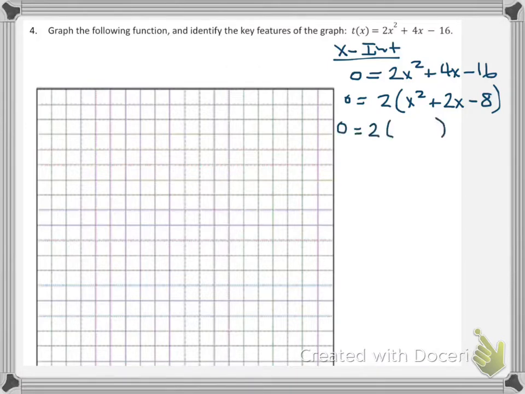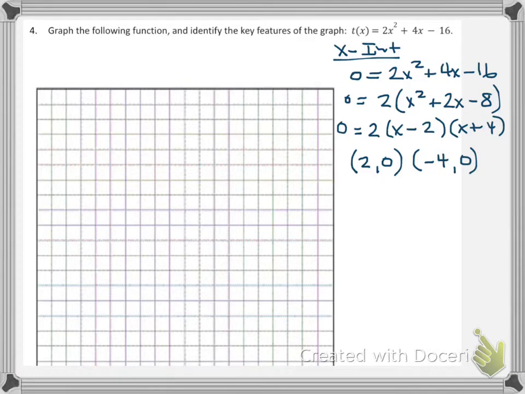This will be x times x, and looks like a negative 2 and a positive 4. So there are my x-intercepts. It's going to be when x is a positive 2 and y is 0, and when x is a negative 4 and y is 0. So there are my x-intercepts.